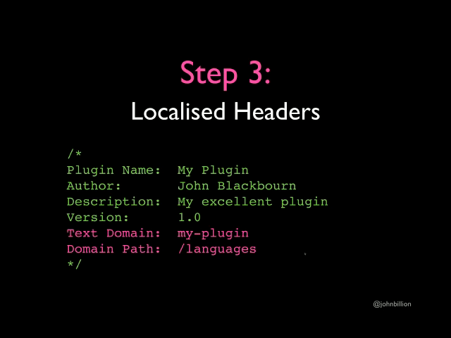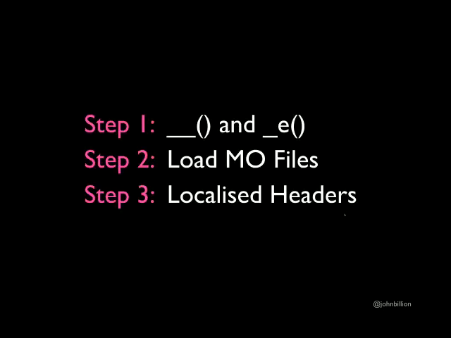So this is an important couple of headers to add to your plugin or theme. And it's the same for a theme header here, just the text domain and domain path fields. So these are the three basic steps that you need to do to internationalize your plugin or theme.